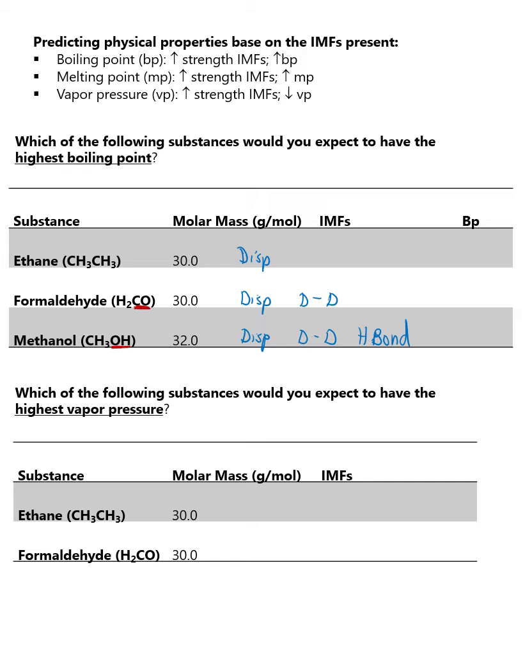If you check your note here at the top of the page, the stronger the intermolecular forces, the higher the boiling point. So you should expect for methanol here to have the highest boiling point, because out of the three compounds, that's the one with the strongest intermolecular forces. For that one, we go all the way to hydrogen bonds.